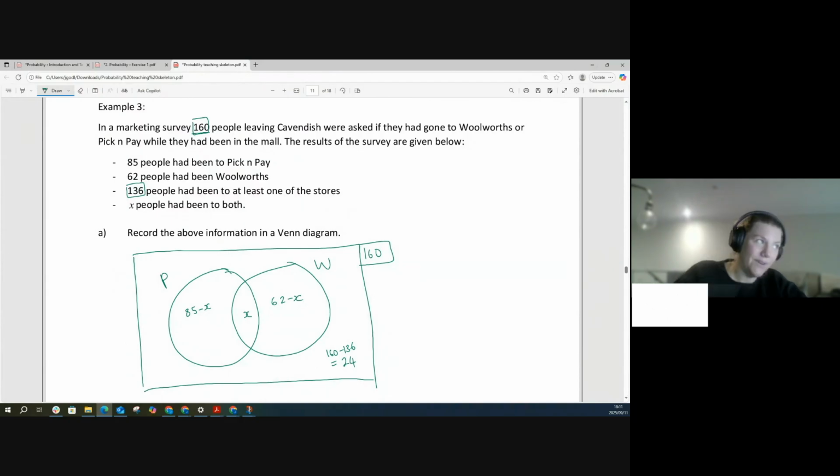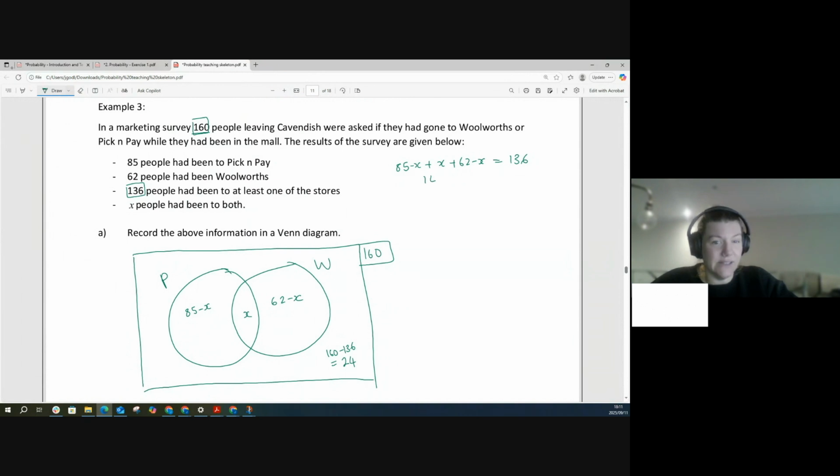Okay, so we need to figure out what x is, right? We know that everyone in these two circles has to equal our 136. So we can say, okay, cool, 85 minus x plus 62 minus x needs to equal 136.